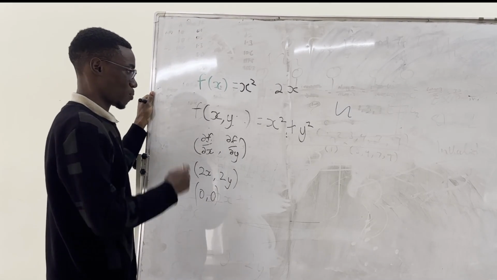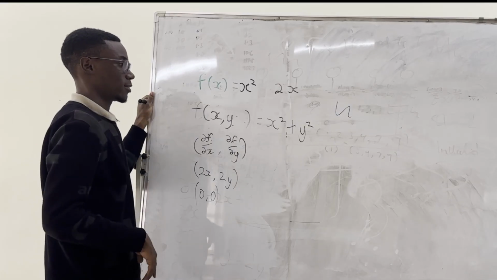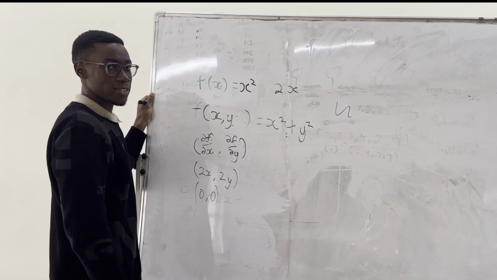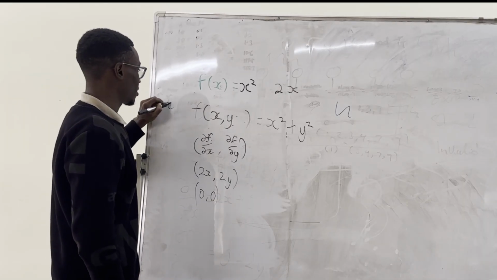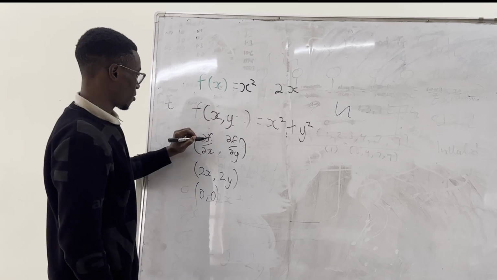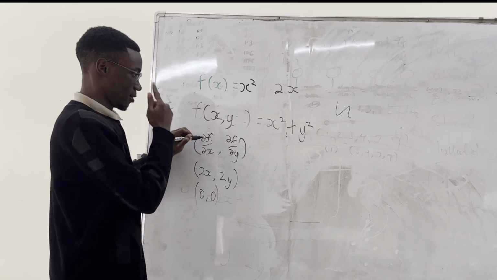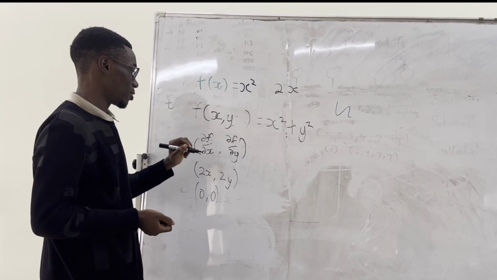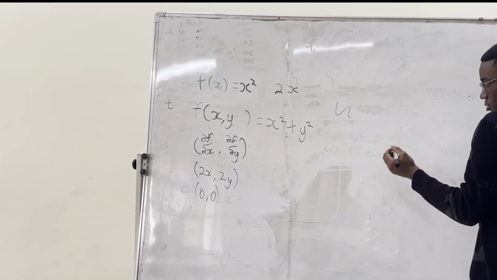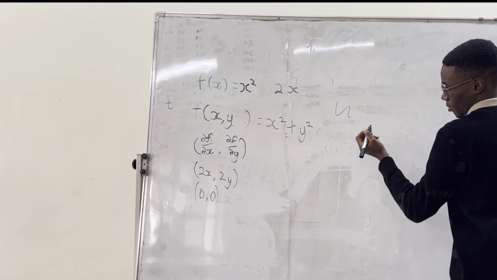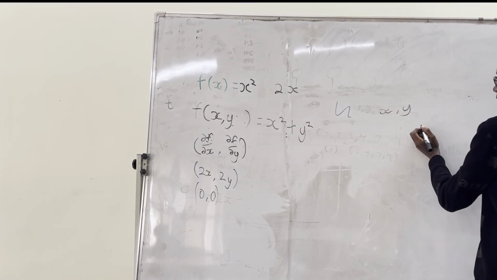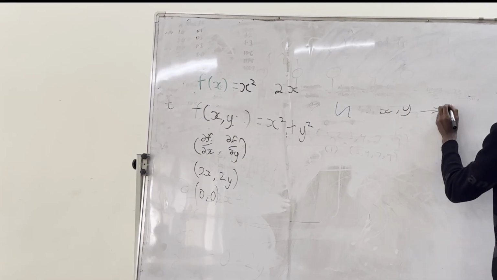Then, assuming these two variables depend on an external factor, let's say t, finding the gradient with respect to t is the chain rule. Let's say x and y are depending on another factor t.